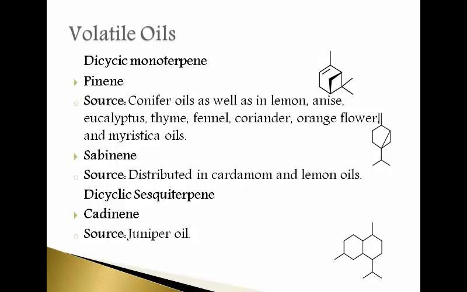The hydrocarbon volatile oils have another class depending on their volatile constituent, that is dicyclic sesquiterpene, and it includes cadinene, which is present in juniper oil. As it is sesquiterpene, it means that it has 15 carbons, and it is dicyclic, so it has 2 rings in its structure.